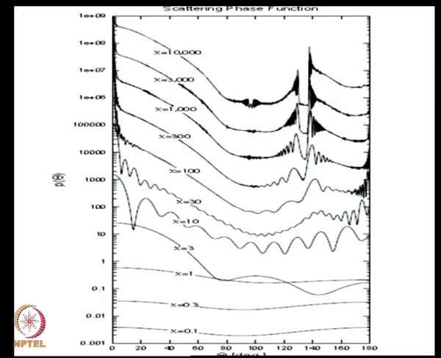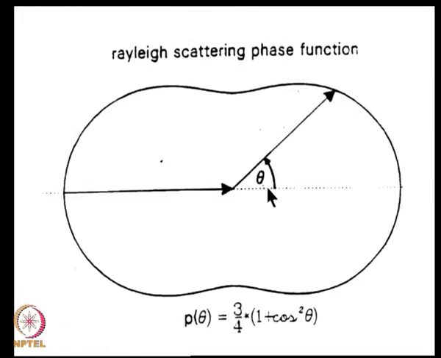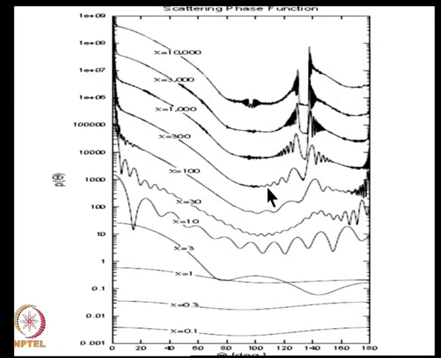Now, here you see the true complexity of scattering phase function as a function of the angle theta, and theta is defined by this term here, and you can see that depending on the size parameter 2 pi r by lambda, the scattering function can display pretty complex behavior.